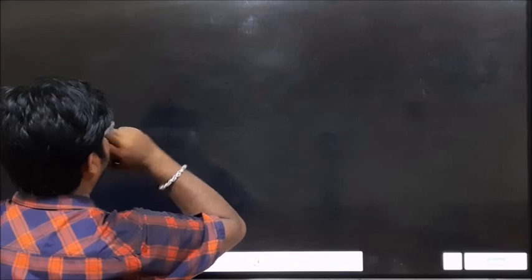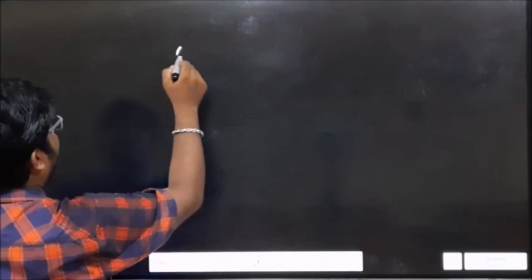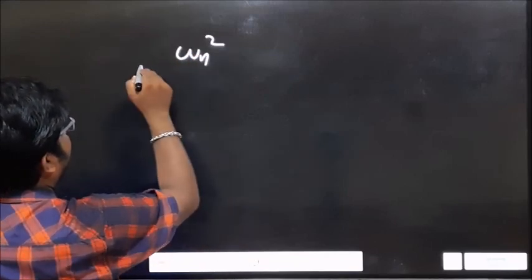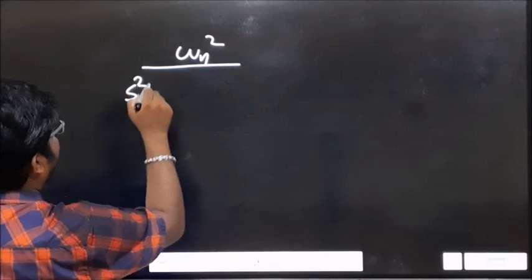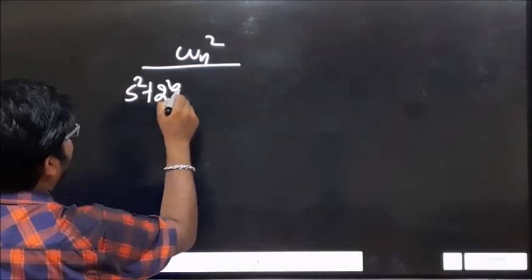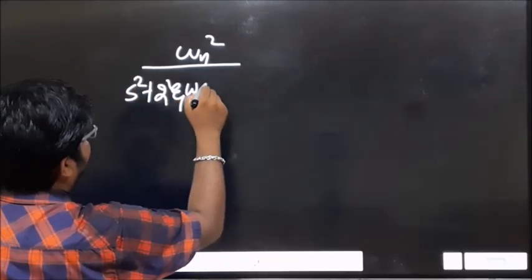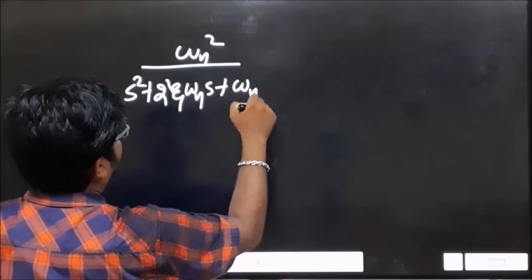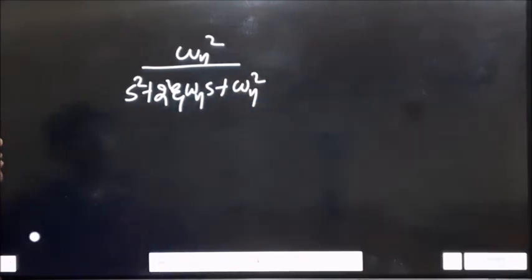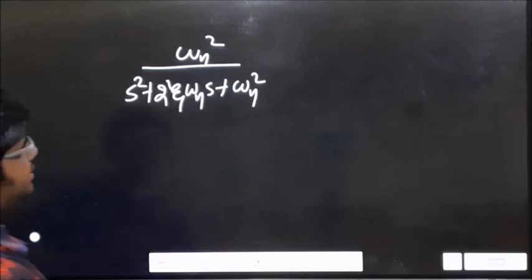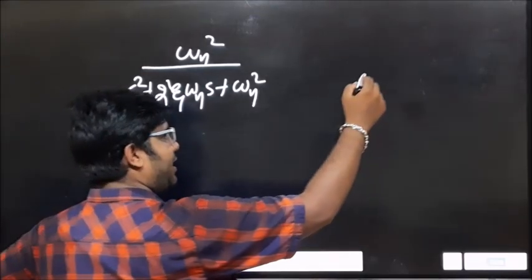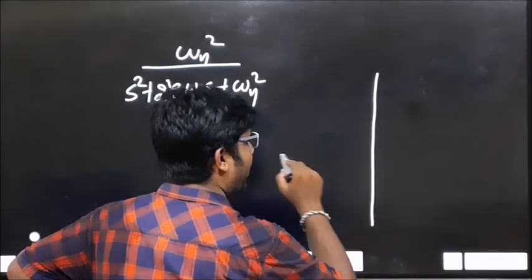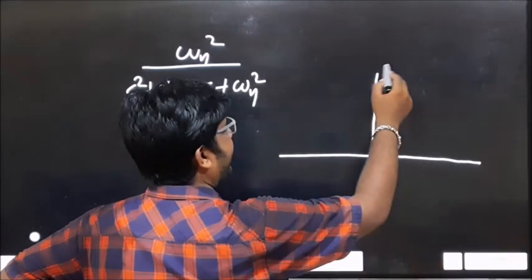So the general form of the second order equation is omega n square divided by s square plus 2 zeta omega n s plus omega n square. I told you stability analysis depends upon the location of poles in the S plane.